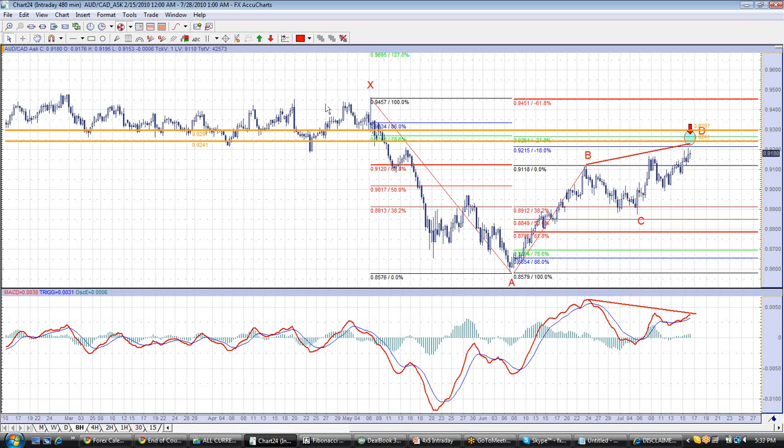Now, those good patterns don't happen every day, of course, but also there are a lot of pairs where we can be searching for patterns to converge like that.